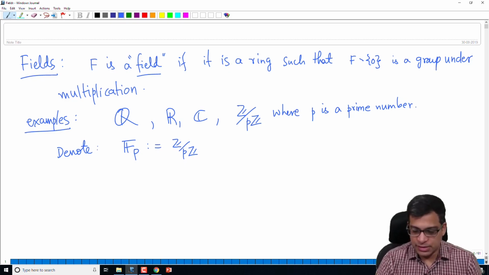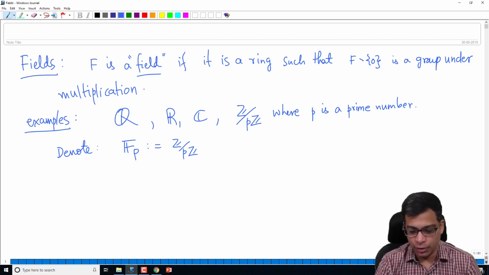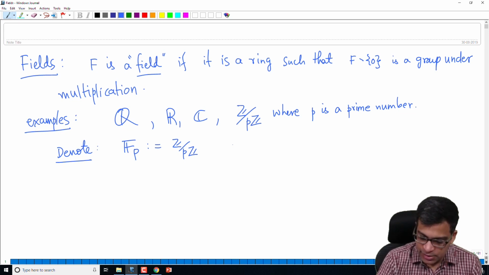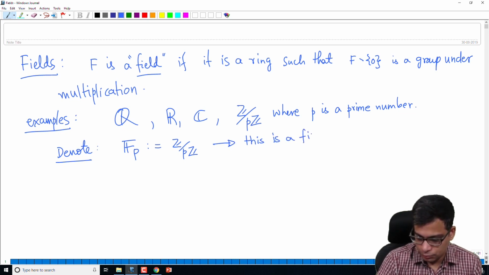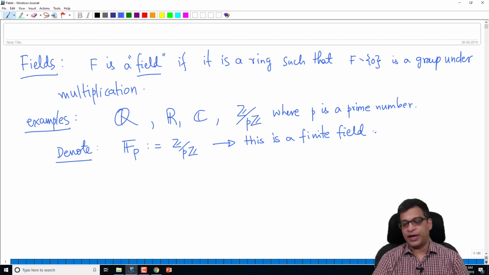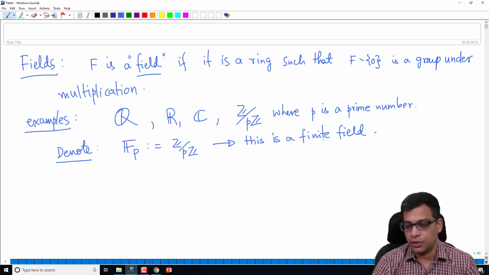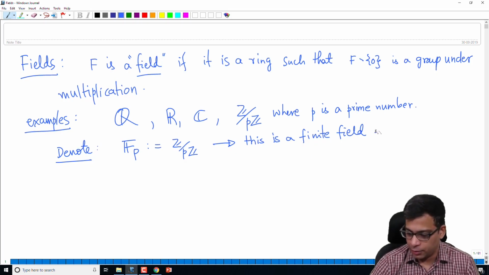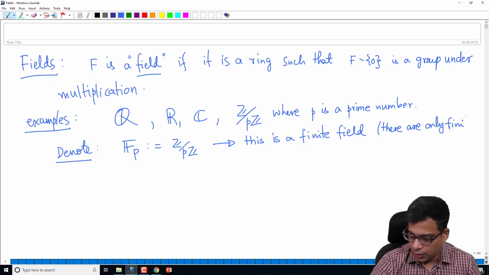So this is different from the remaining examples that I wrote here in the sense that this is a finite field. Finite here simply refers to the fact that there are only finitely many elements in FP.